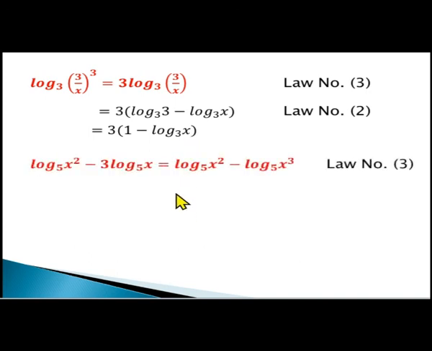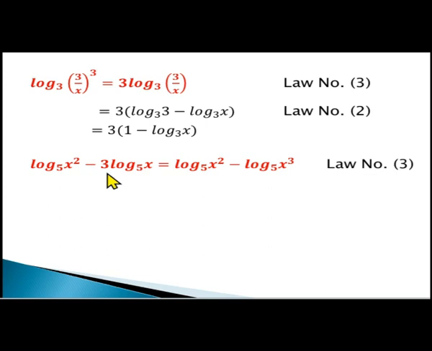Now let's go to our next example. Our next example is the logarithm of x squared with base 5 minus 3 times the logarithm of x with base 5. Take note that our given is in subtraction, which means that we are on condensation.